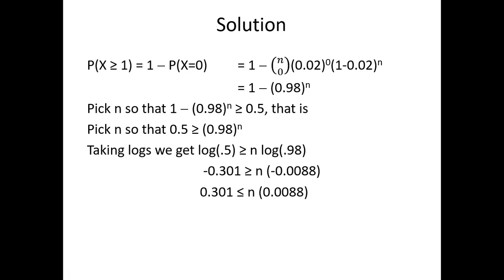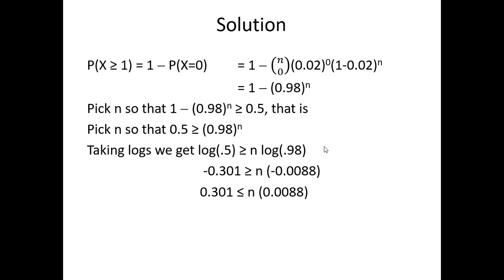This could be base 10 log. It could also work with the natural log, but there's no need to use that. We'll use the base 10 log. So I get the log of 0.5 is the log of 0.98 to the n. And there's a property of logs that lets us move the exponent over, so I can write this as n times the log of 0.98.